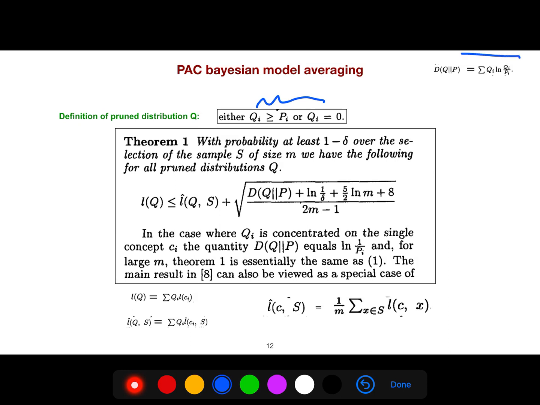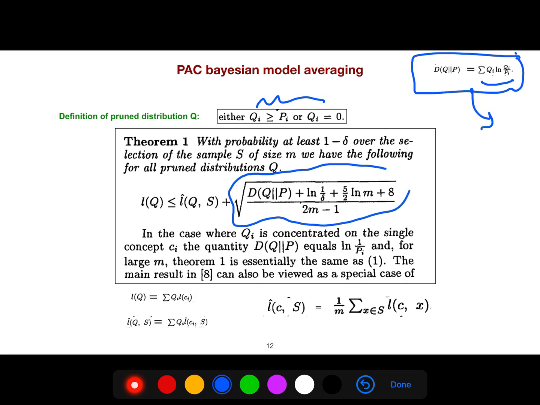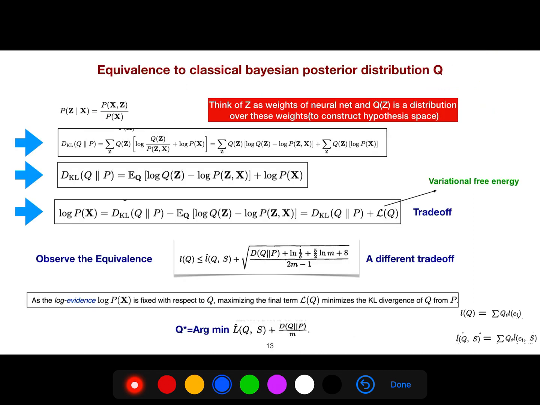I recall that the divergence is this, and here we want to minimize this term. L of Q is just the weighted sum of the losses, and L hat of Q is the weighted sum of the L hats. I recall these things, so now you're ready.